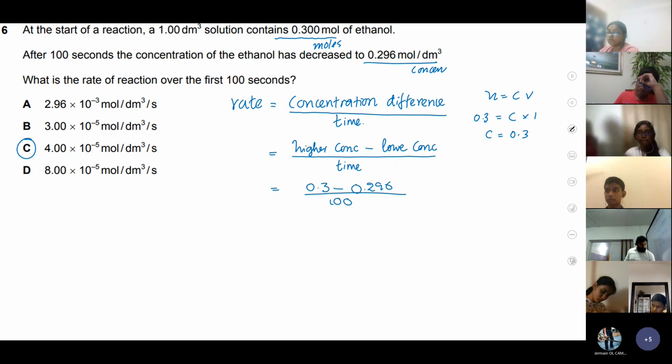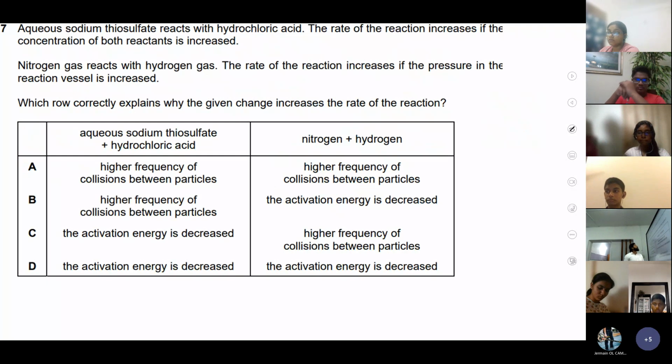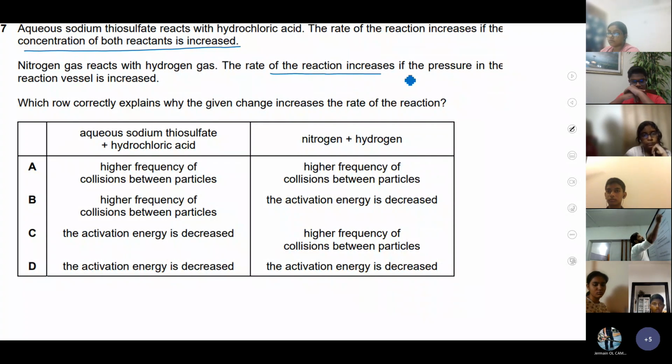Right. Next. Aqueous sodium thiosulfate reacts with hydrochloric acid. The rate of the reaction increases when the concentration of both reactants increases. Underline correct. Nitrogen gas reacts with hydrogen gas. The rate of reaction increases if the pressure changes.